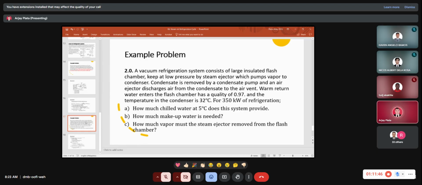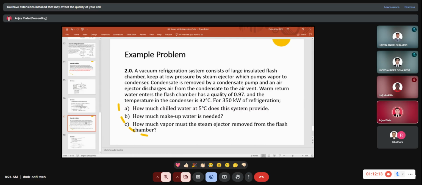Warm return water enters the flash chamber with a quality of 0.97, and the temperature of the condenser is 32 degrees Celsius. For 350 kilowatt of refrigeration, how much chilled water at 5 degrees does this system provide? How much makeup water is needed? And how much vapor must the steam ejector remove from the flash chamber?